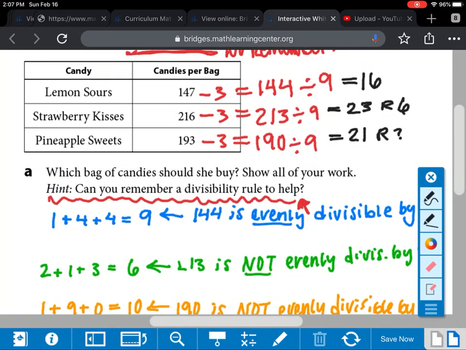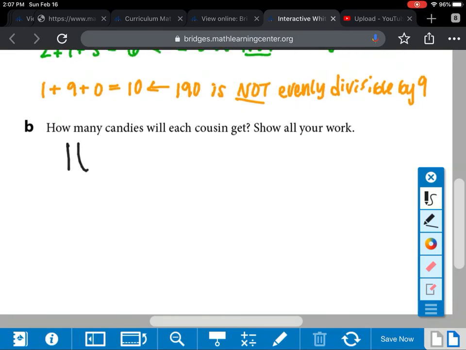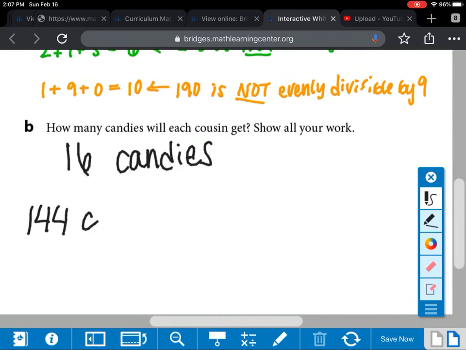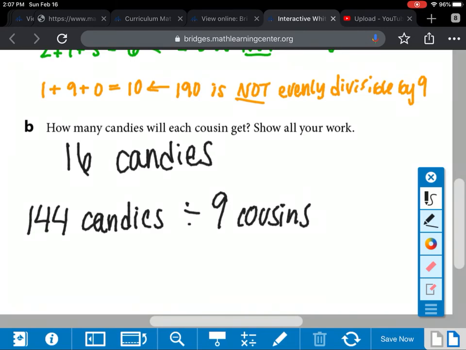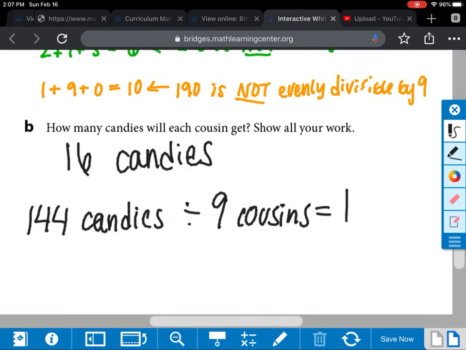So we find in our only situation that works out nice and evenly that each cousin is going to get 16 candies, because 144 candies divided by 9 cousins gives each cousin 16 candies.